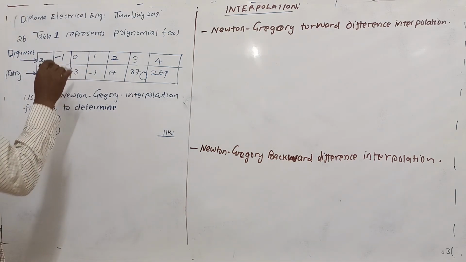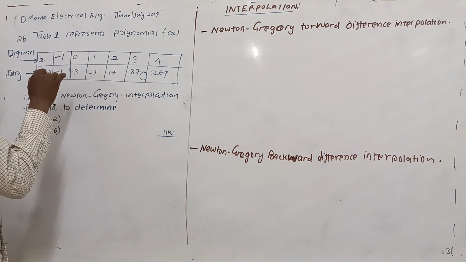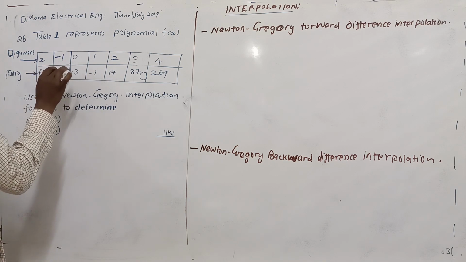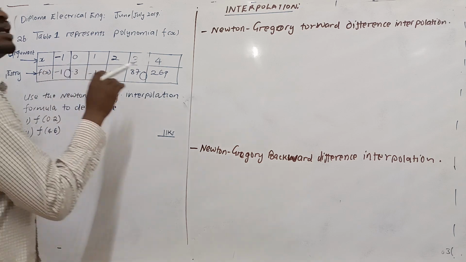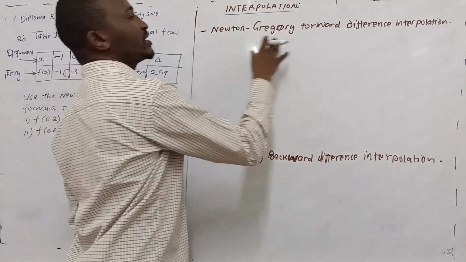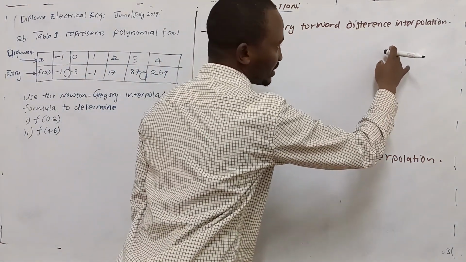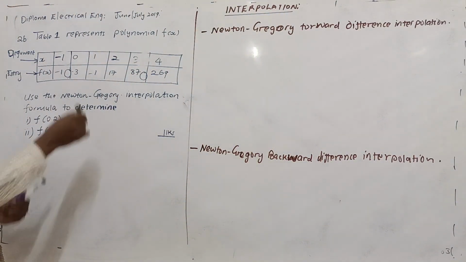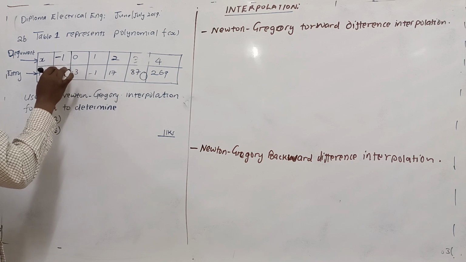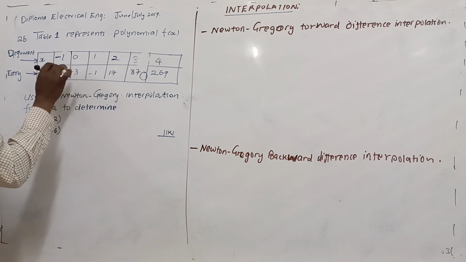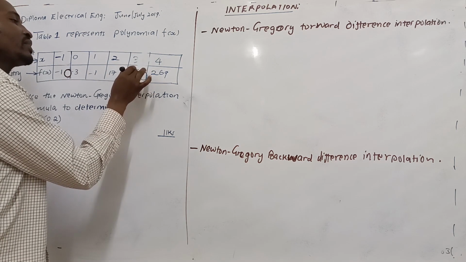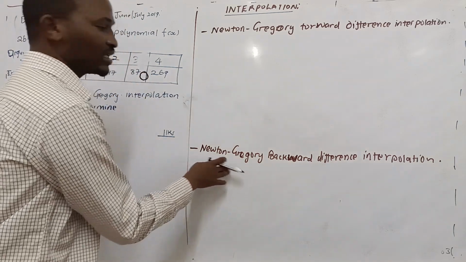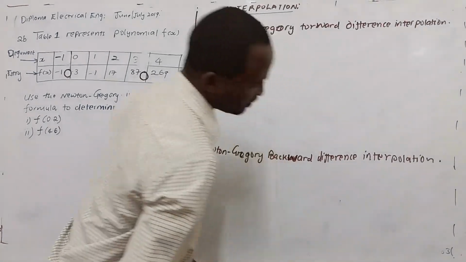If the value of the entry you are supposed to find occurs somewhere at the beginning of the table, ideally the best formula to use is the Newton-Gregory forward difference interpolation formula. If it occurs somewhere at the end of the table, ideally we use the Newton-Gregory backward interpolation formula.